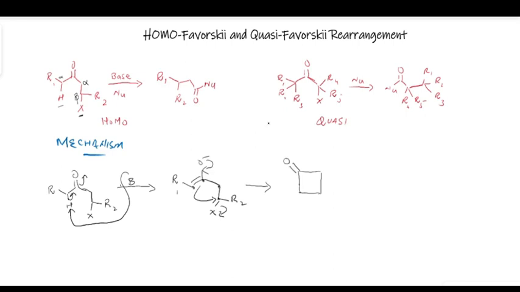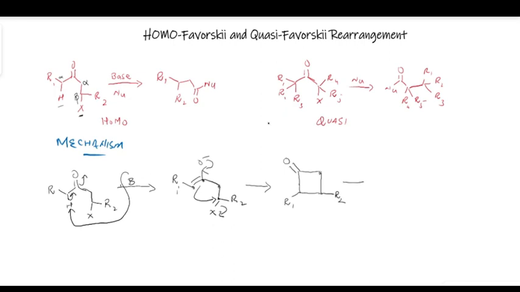The ketone is restored, and at the carbon next to this ketone we have this R1 group, and this carbon which is attached to R1 is now attached to this carbon here, which is further attached to R2, and then we have this CH2.